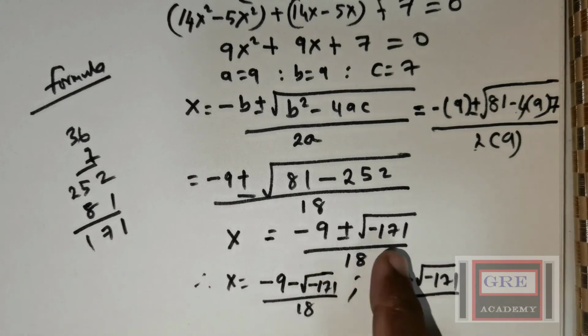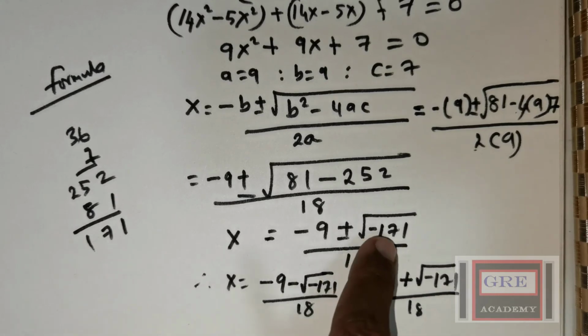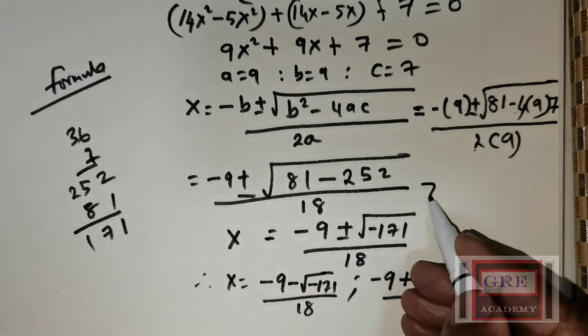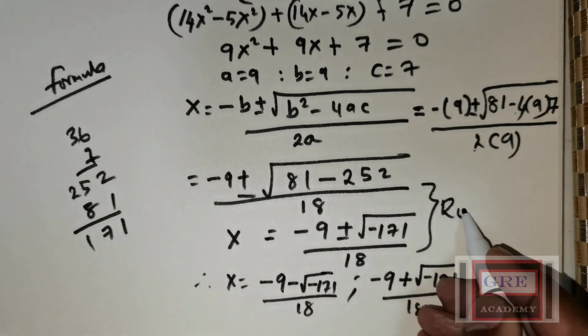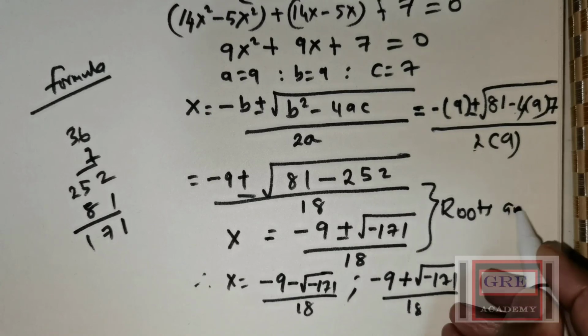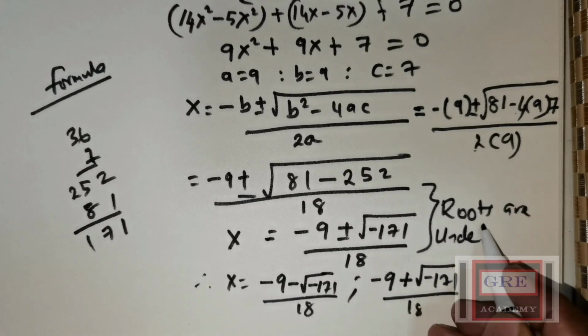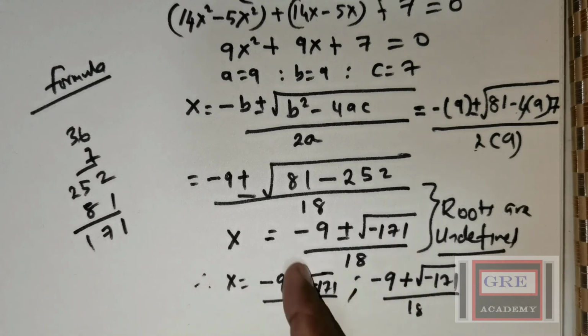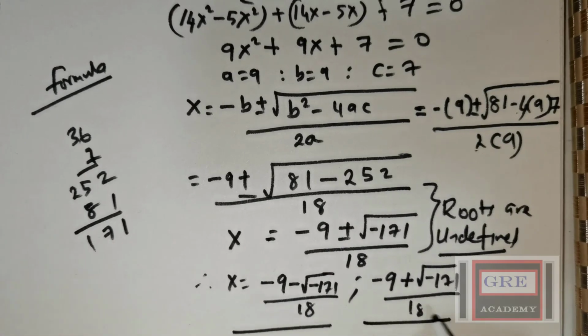Having a quantity which is negative inside the square root, you can outrightly say the roots are undefined. There are ways in which you can solve this as you progress, but if they ask you to find the value of x, then these two would indicate the values of x.